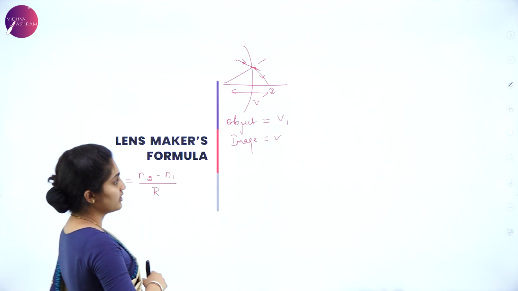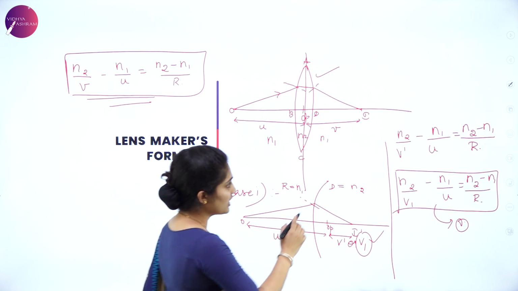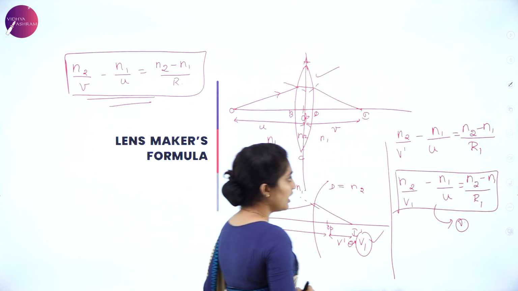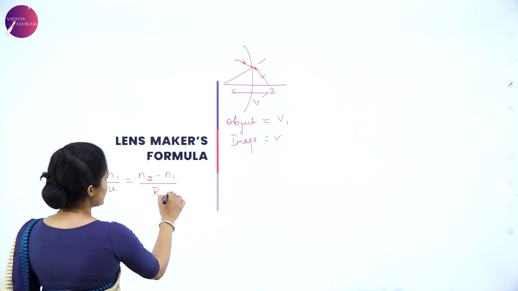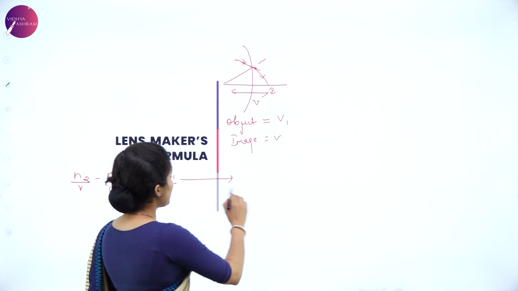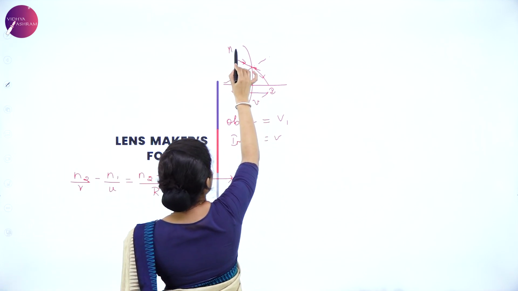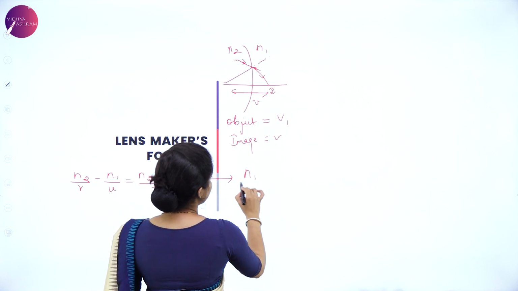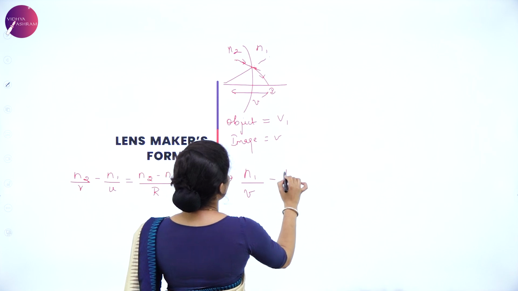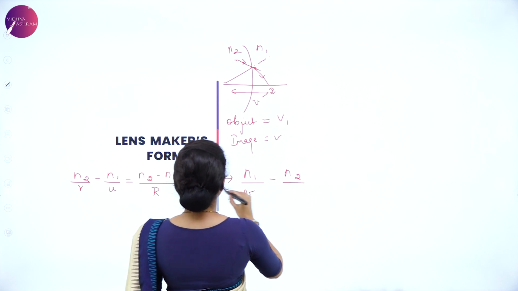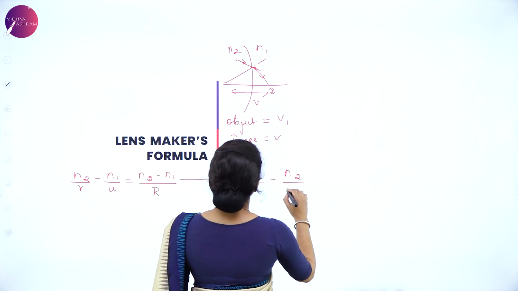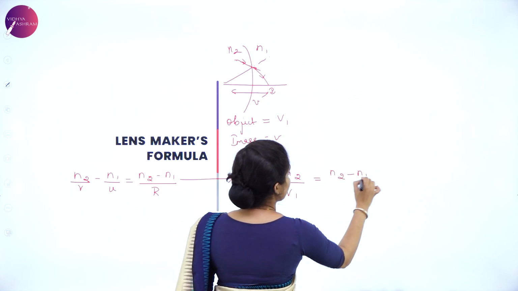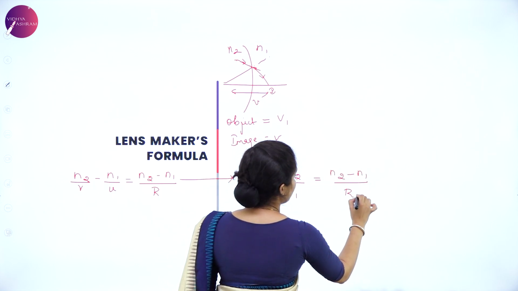Since we had considered the previous one as R with V1, you can consider this as R1. Similarly, you can change this as R2. So since this is N2 and N1, the image distance is N1 by V minus N2 by V1 is equal to N2 minus N1 divided by R2.